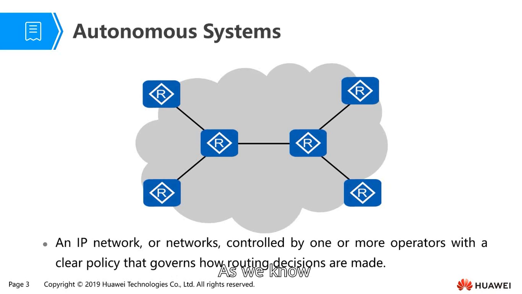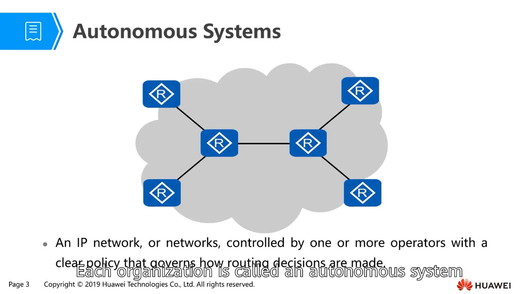As we know, the global internet is a layer 3 IP network. But such a large network cannot be managed by one person or one organization. So the network is constructed by different organizations, and each organization we call one autonomous system.